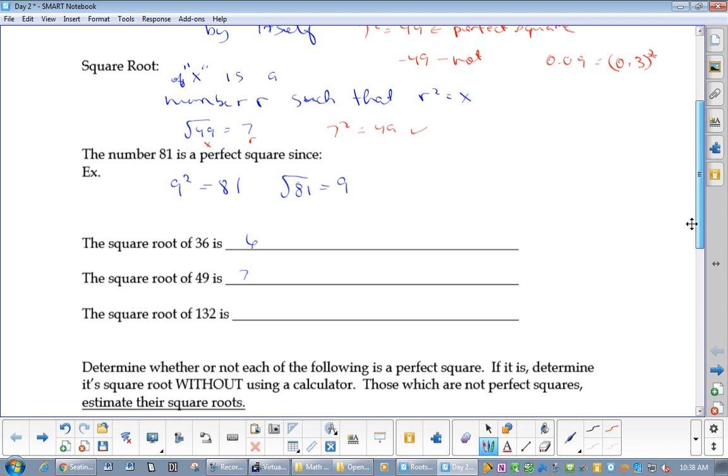Now the square root of 132 is 11.4891259... So this is not rational. Therefore, not a perfect square. See, this is a perfect square.